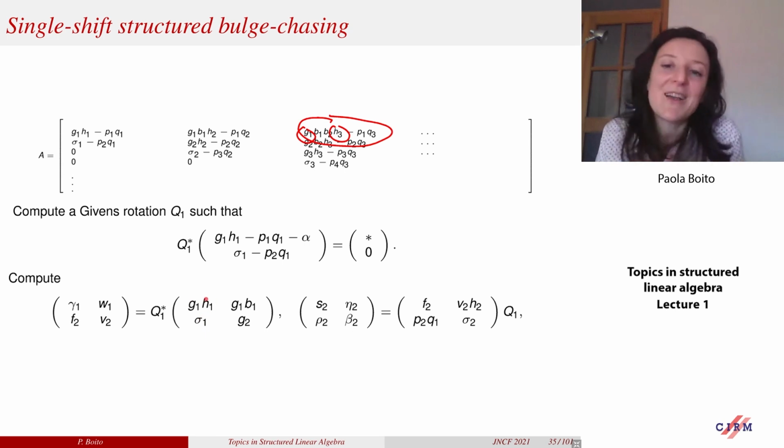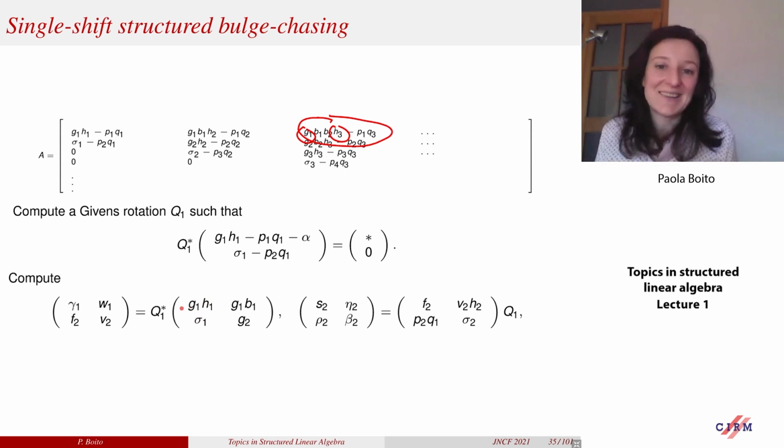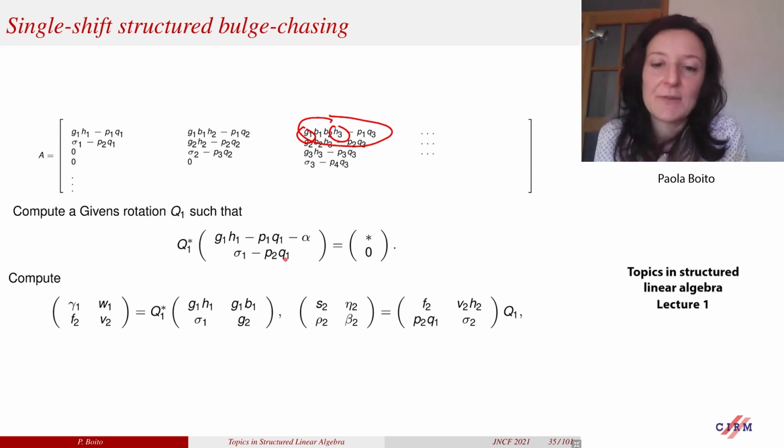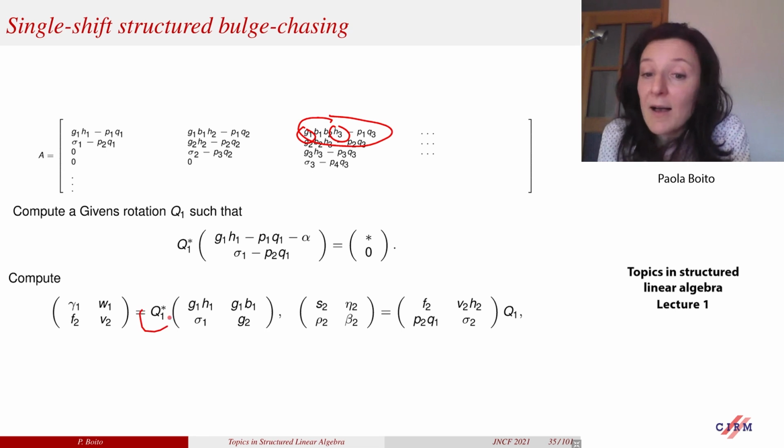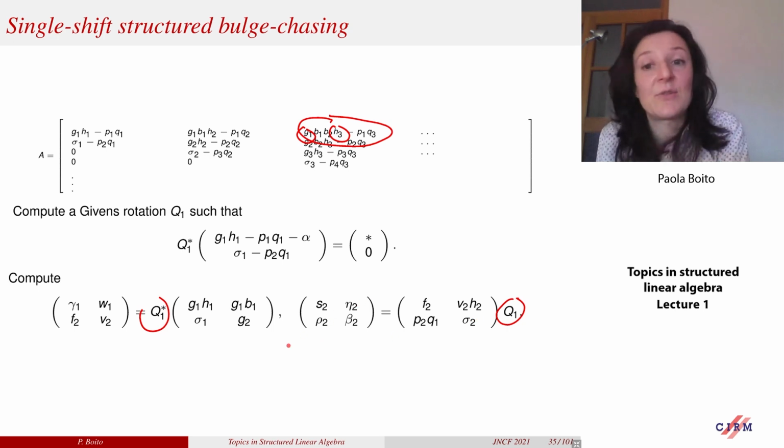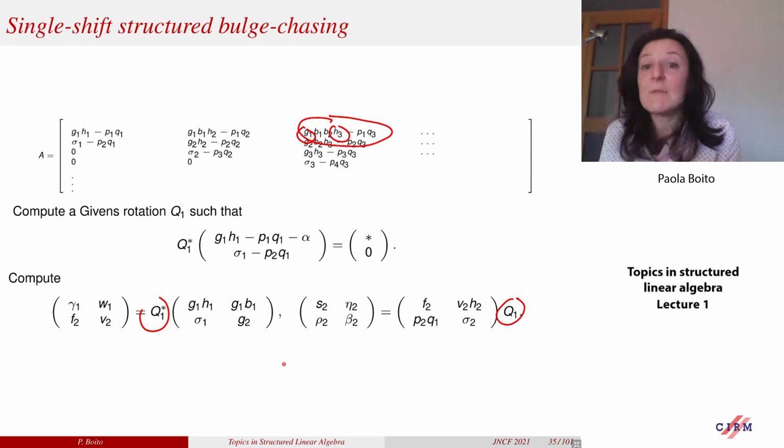One drawback of structural linear algebra is that sometimes it can be a bit technical. So in order to follow the algorithm, you need a little patience, and I won't go into the details, but really what you do is work on these generators, apply the 2x2 unitary matrices on the left and on the right, and update the generators.